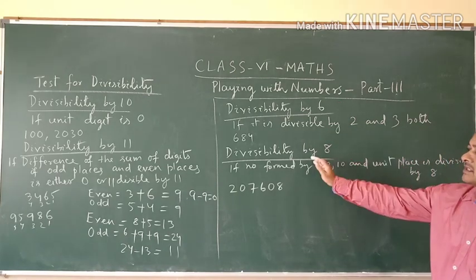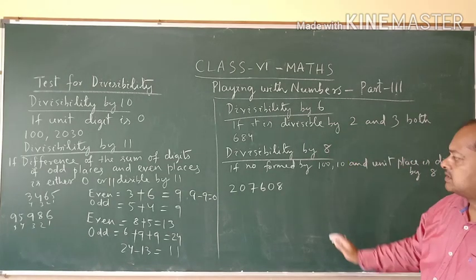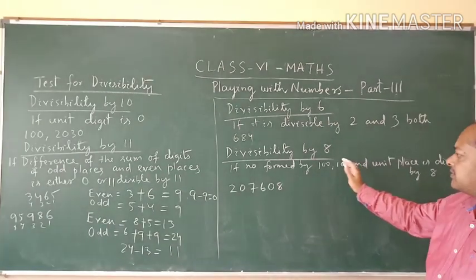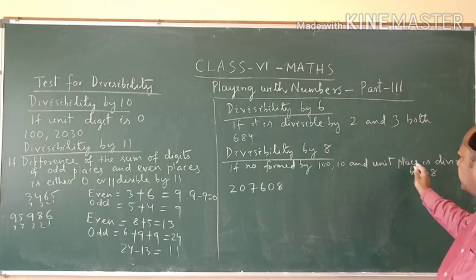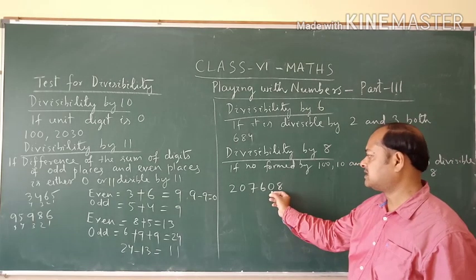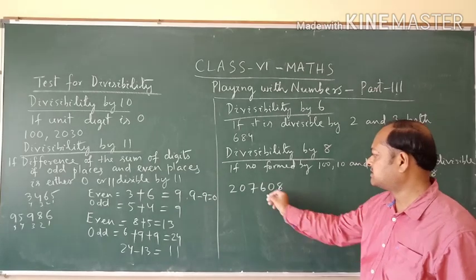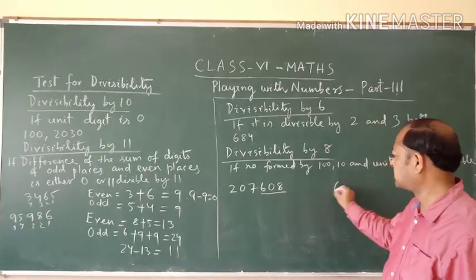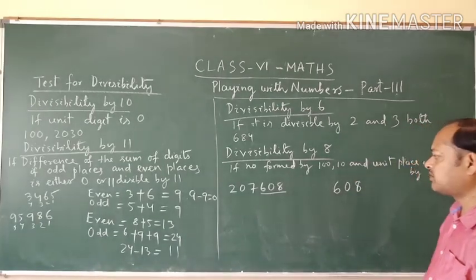Now what is the divisibility rule of 8? If the number formed by the hundreds, tens and unit places is divisible by 8. Let's take the number 207608. What is the number present in the hundreds, tens and unit places? The number formed here is 608.